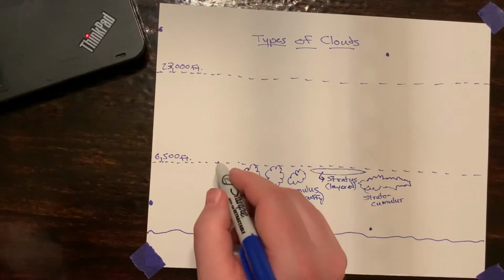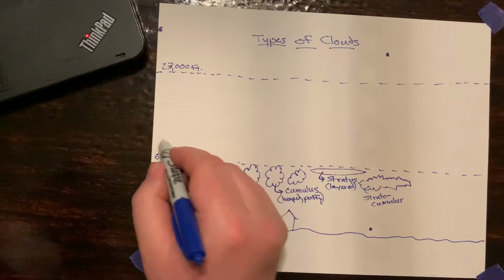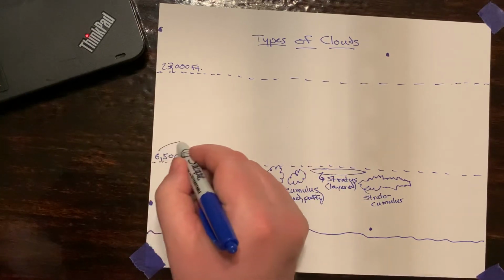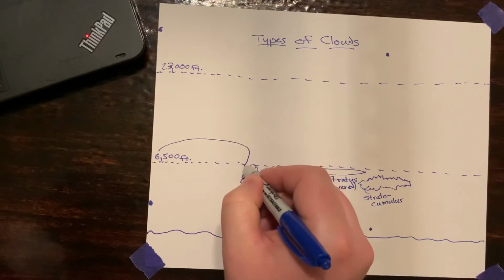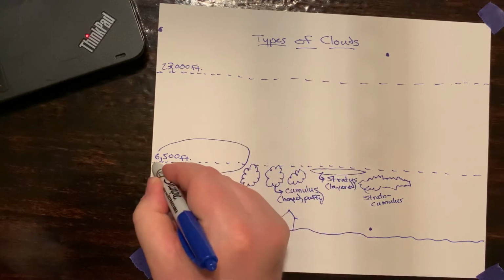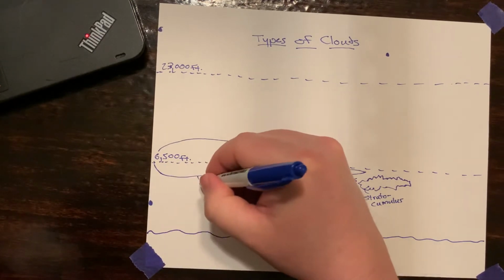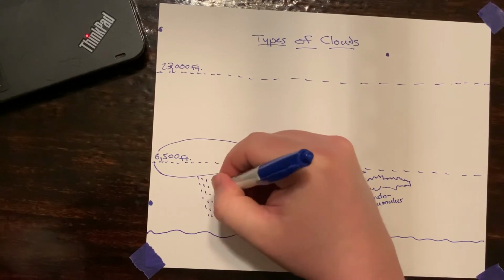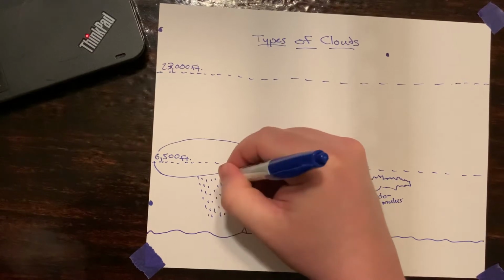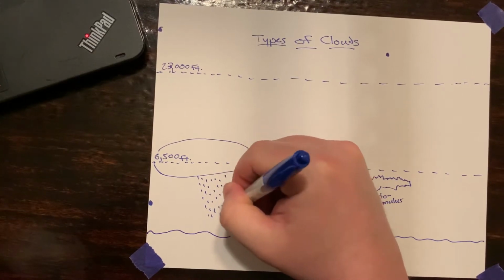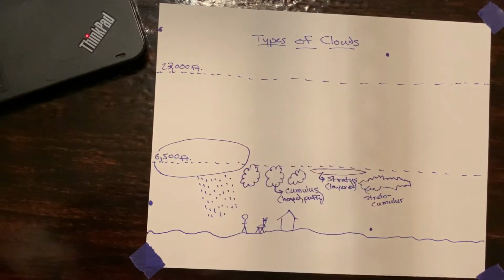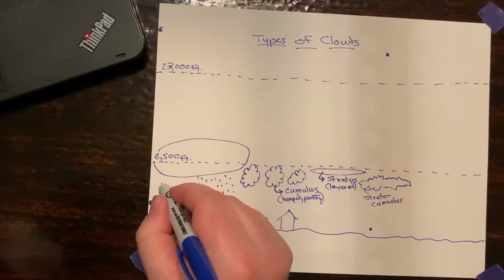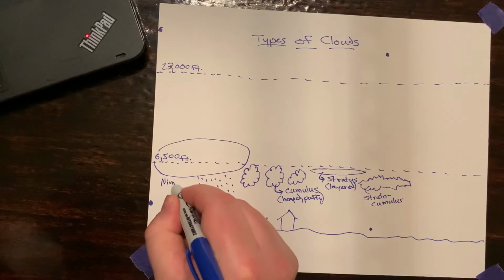Another one that can happen is that sometimes we'll get a sheet-like cloud. It's pretty big. I'll make it over here. And it's really loaded with raindrops, and it ends up raining on that landscape. And so if we do have rain happening there, there's a name for that. The term nimbo means rain. So this is nimbo.